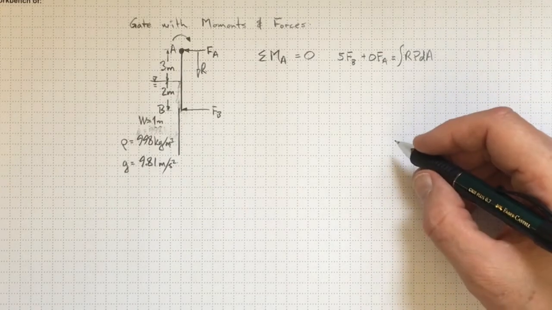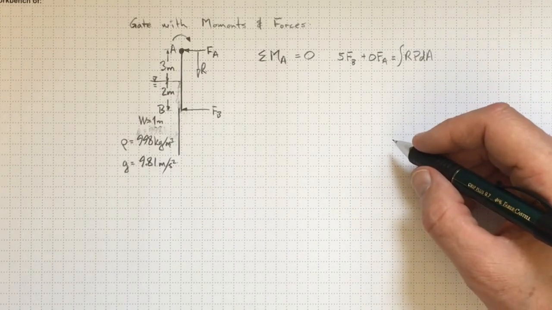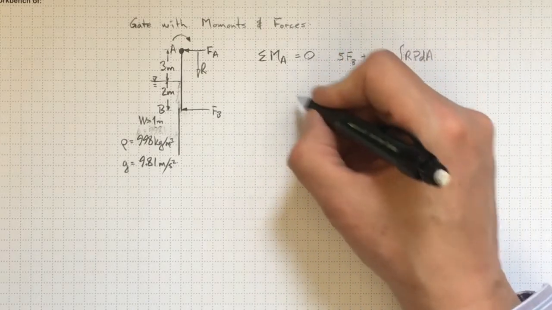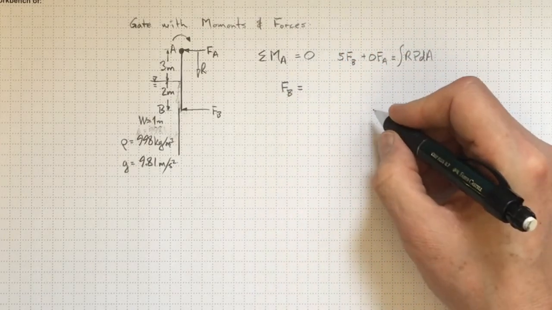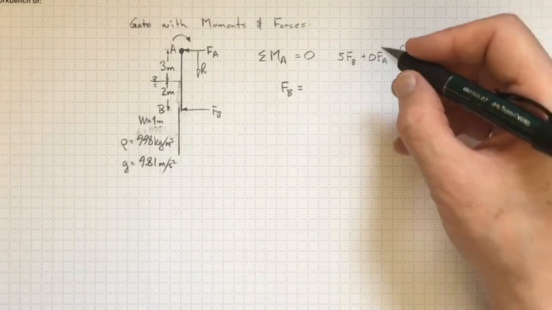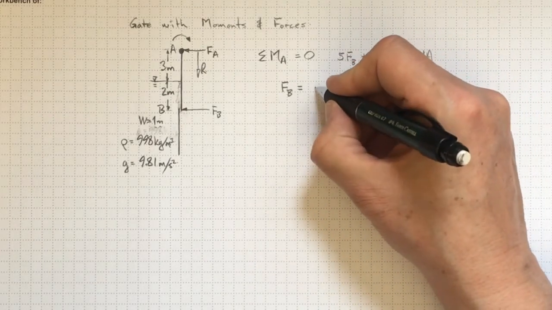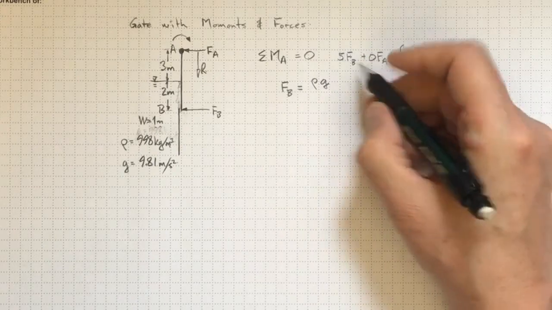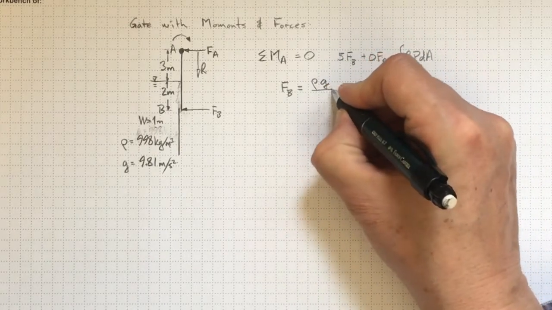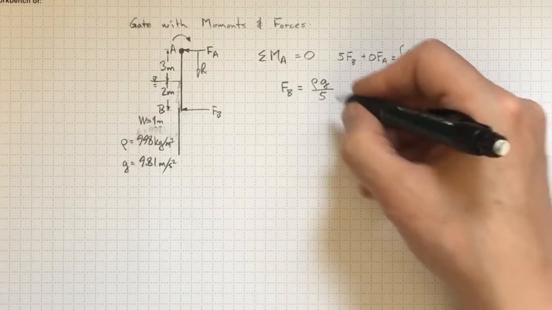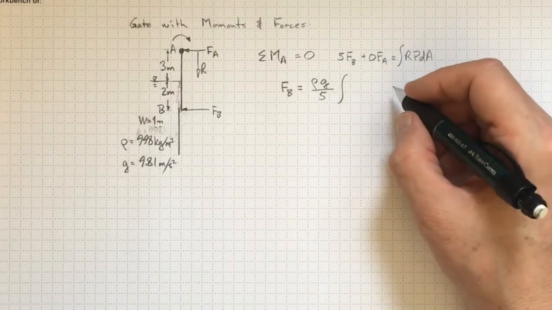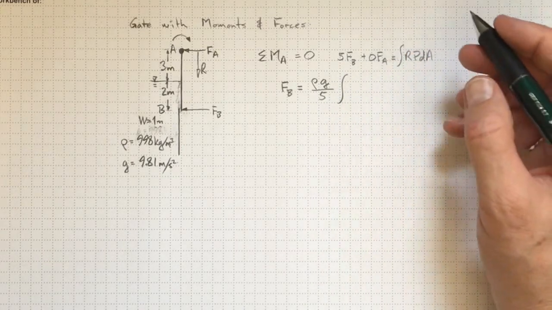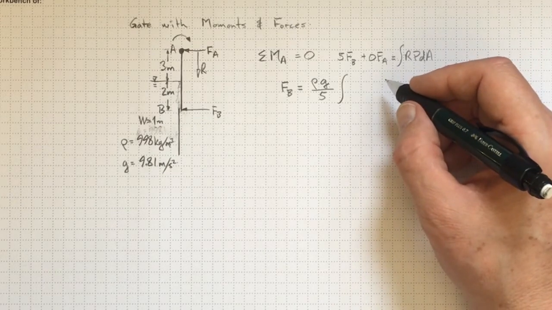We're going to do everything in gauge pressure the way we usually do. So if I rearrange that, I can solve directly for FB, as I did in the last example. I can get FB equal to, well, there's going to be a rho g involved. 5, we're going to divide through because that was the multiplier on the other side. And then our integral will be 5 minus y.